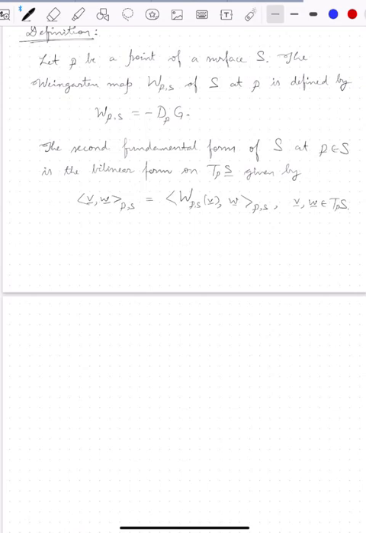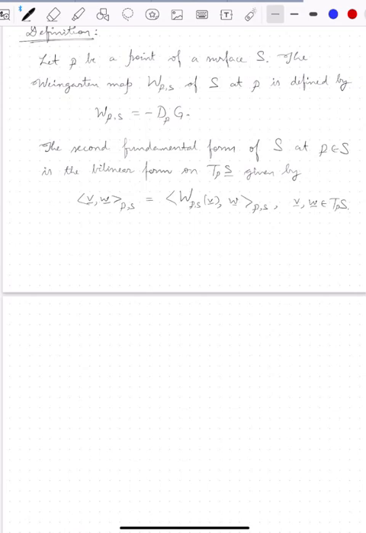And we have introduced this minus sign just because later it is useful, since other minus signs come in, just to reduce, so to speak, the total number of minus signs. And this is also a bilinear form, and we recall the property of bilinear forms that they are linear in both slots.